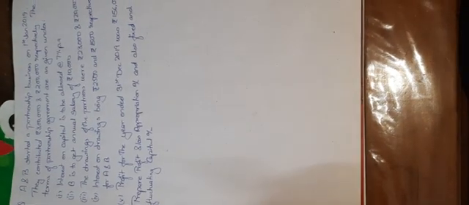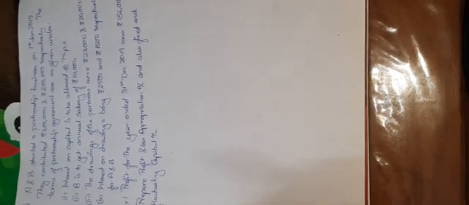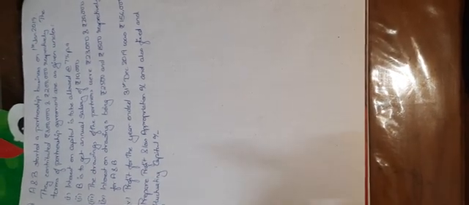A and B started a partnership business on 1st Jan 2019. They contributed rupees 3 lakh and rupees 2 lakh respectively. It means that A contributed rupees 3 lakh and B contributed rupees 2 lakh. The terms of partnership agreement are as given under. First, interest on capital is to be allowed at the rate of 7% per annum.